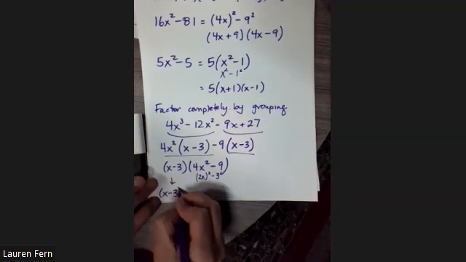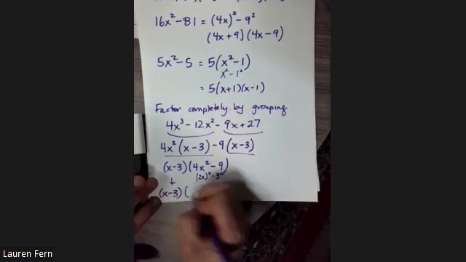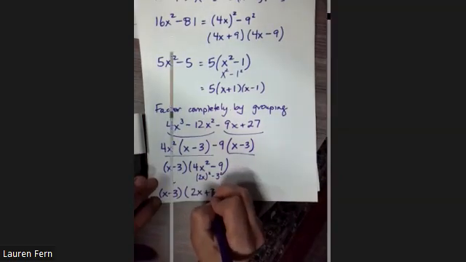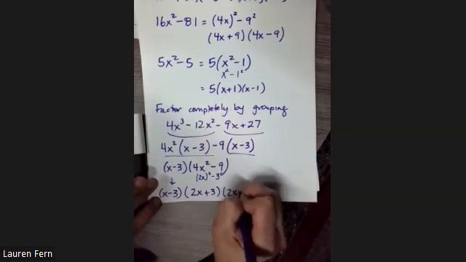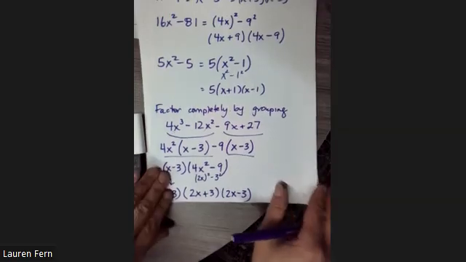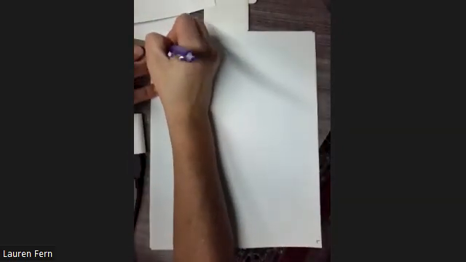So to fully factor this, we have an x minus 3, and then we can factor this by saying it's 2x plus 3, 2x minus 3. Now, this is the special form that comes up a ton. Okay? There are other special forms that arise.